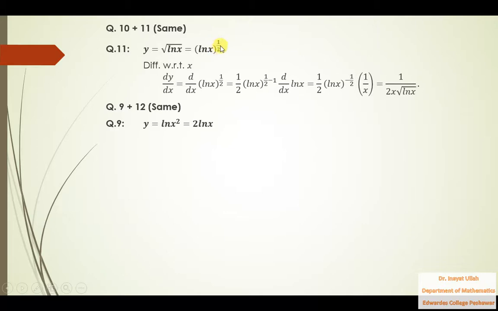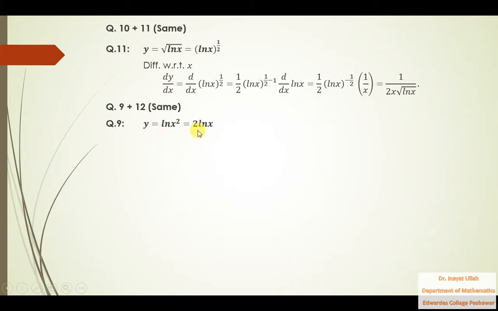In the first, the power is on this whole function log of x, which cannot be dropped down by the laws of logarithm, because log is itself under this power. Now in this case you see that log is free from this power. You can apply the rule of logarithm to drop the power in front of log of x. So that will become 2 log of x.